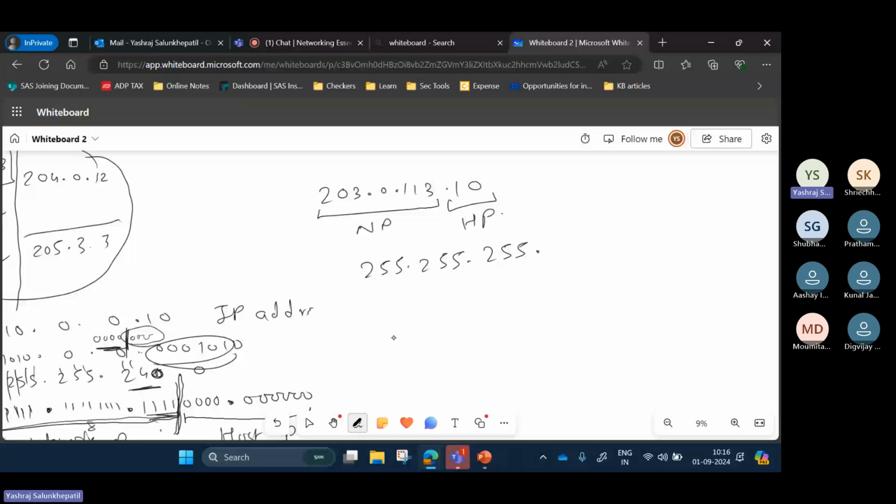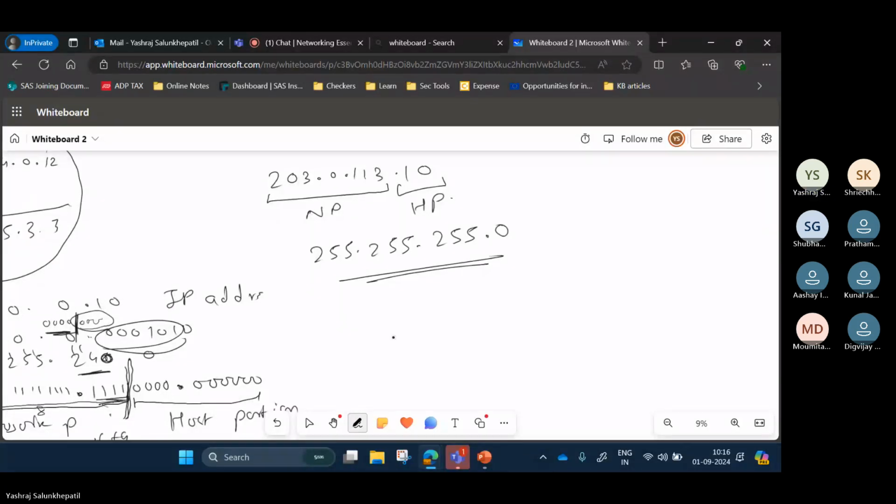Now how do I write this in CIDR notation? I write it as 203.0.113.10 slash, कहां तक है? यहां तक 8 बिट्स, 8 बिट्स, 8 बिट्स, which is 24. बचते कितने हैं? 8.